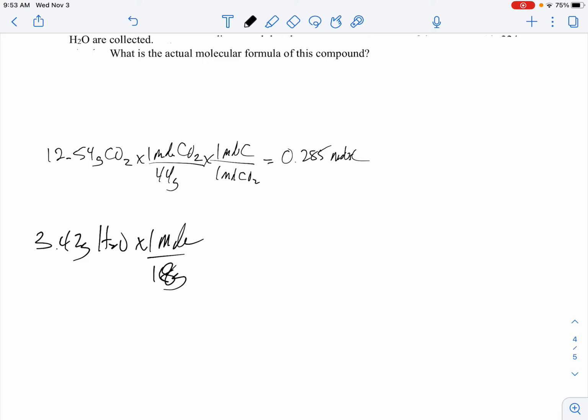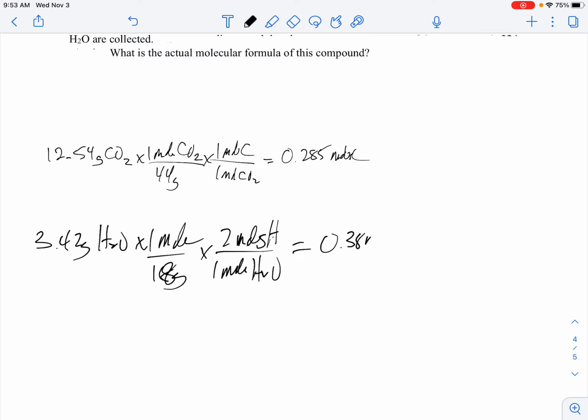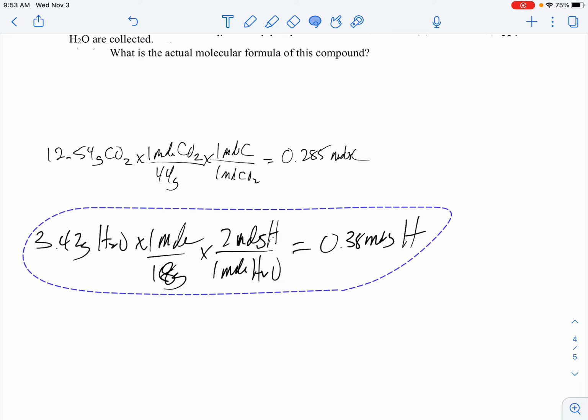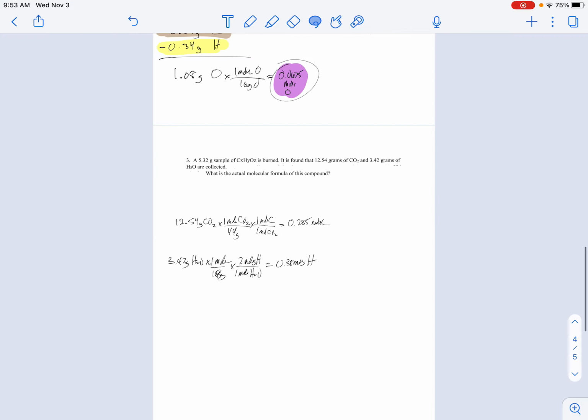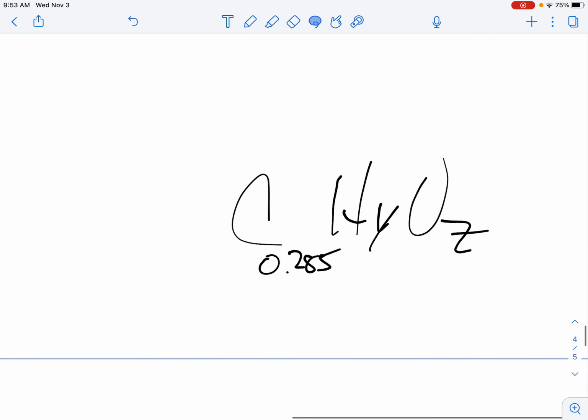Sorry, my handwriting is bad to begin with, and then you add it on with a stylus, and it makes it boss level difficulty. So that's 2 moles of hydrogen for every 1 mole of water. So that's 3.42 divided by 18 twice, and that's going to be 0.38 moles of hydrogen. Let me shrink that down a little bit so I can come down here, and that's 0.38 moles.